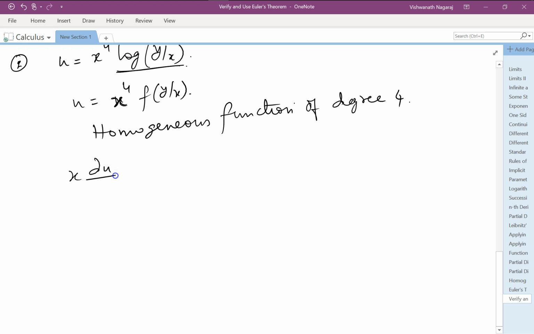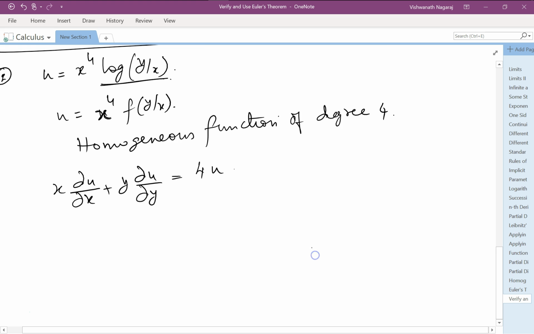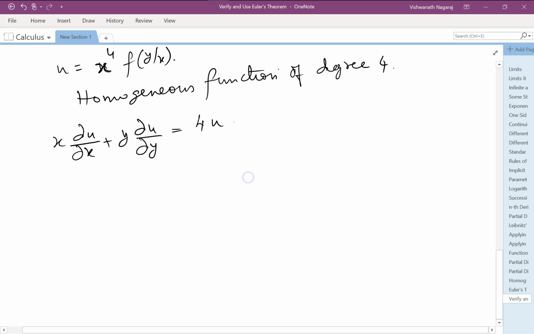x dou u by dou x plus y dou u by dou y is equal to 4u. 4 is the degree and u is the function. So what we have to do is differentiate partially. u is equal to x to the power of 4 log y by x.